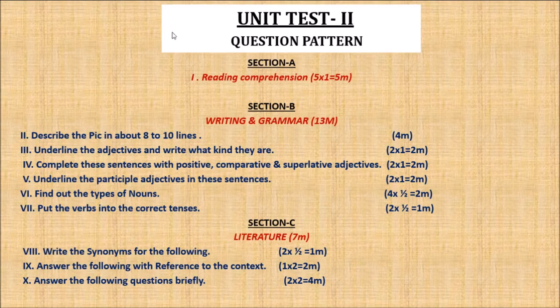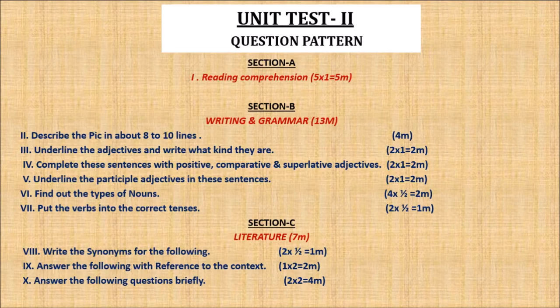And this is the question pattern. Section A is reading comprehension, 5 into 1 equals 5 marks. Guys, this is not 5 into 1. 5 questions will be given, each carries 1 mark. A passage will be given. You have to read the passage very carefully, and then below the passage 5 questions will be asked.